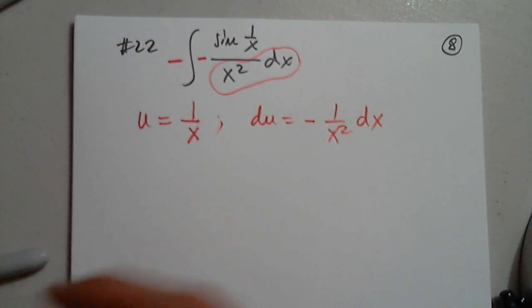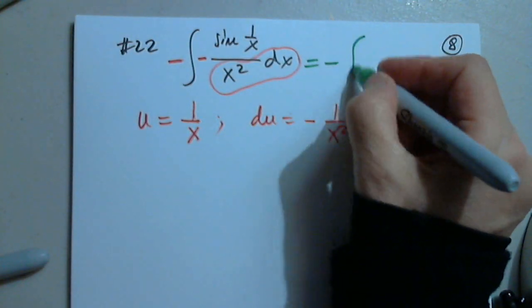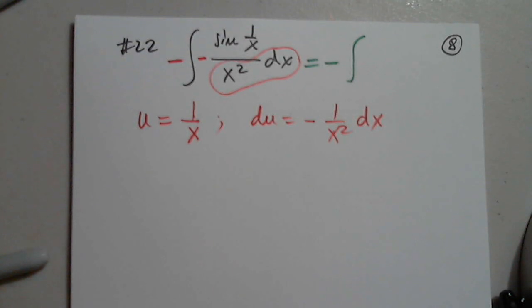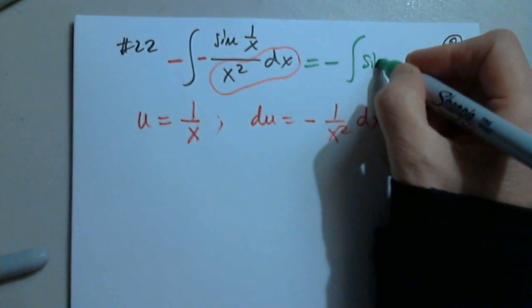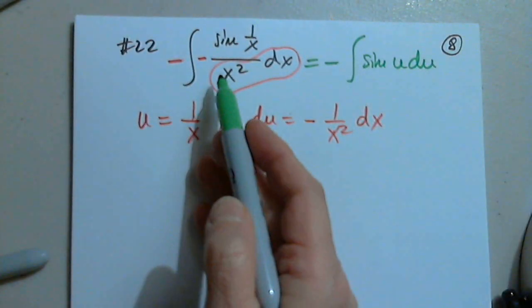Good. So there is a negative outside. Can anyone dictate the new integral? Negative sine of u times du. Yes, that's it. Sine u du. Don't you like it? Do you prefer this or do you prefer that?